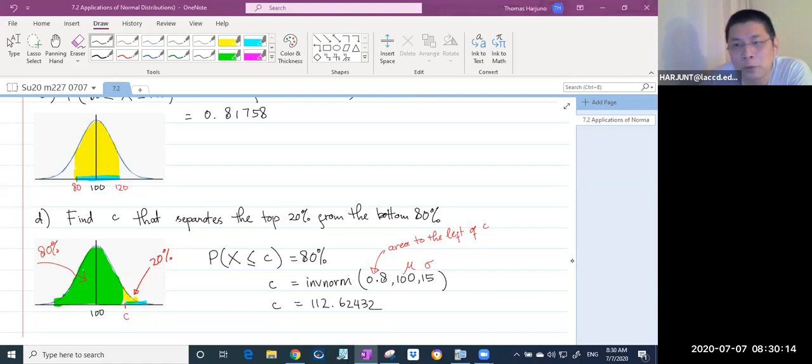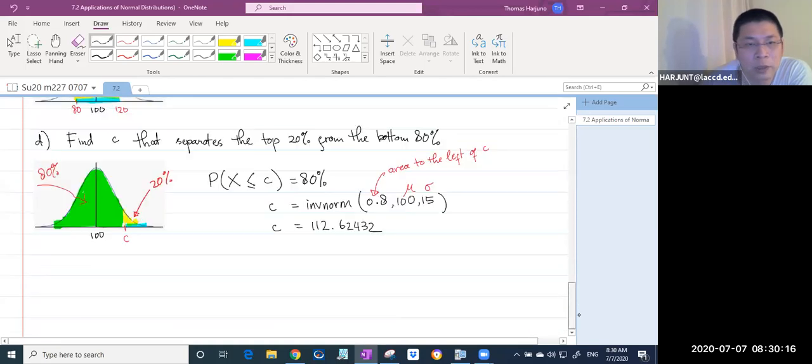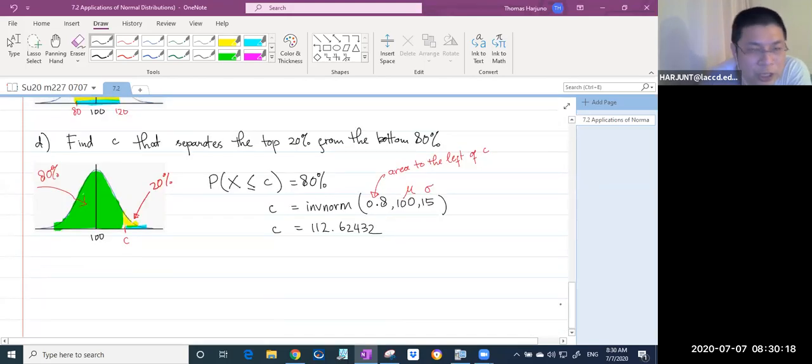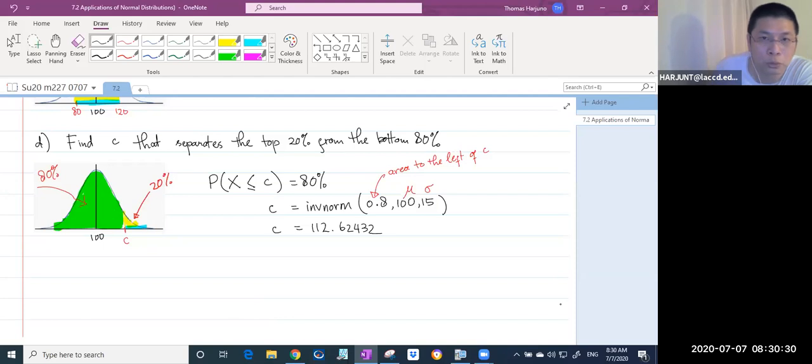So suppose, for example, I rephrase that using IQ as our random variable. Suppose we want to select the smartest 20% of people we allow to go to West LA College. If your IQ score is not in the top 20%, we do not accept you. You are lucky, that's not the case.